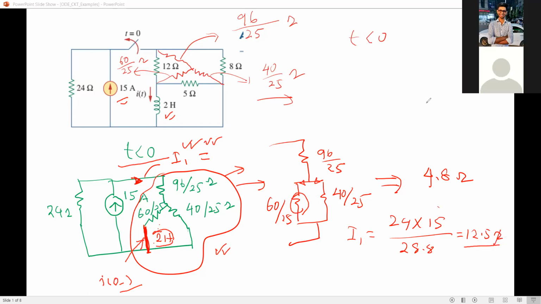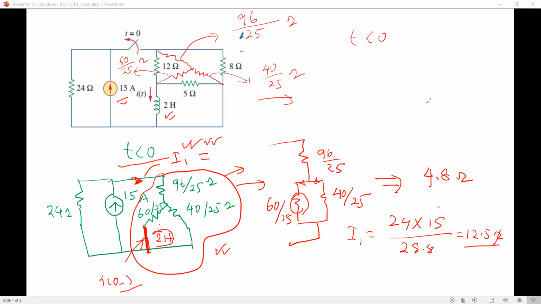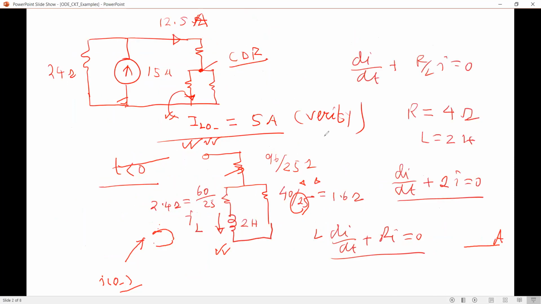Let us go to the next page. You can easily find the current flowing through the inductance: IL0 is equal to 5 ampere. You can easily verify.